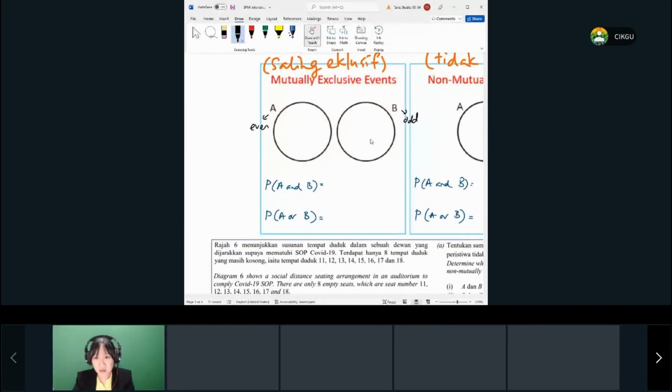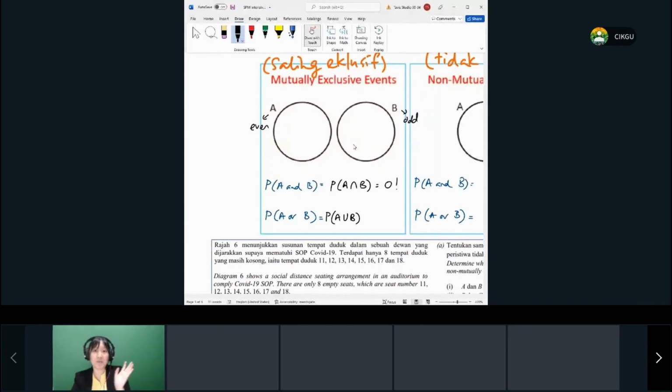No, right? 0. Is there any overlapping here? No overlapping. So no overlap means the probability of A and B happening at the same time is 0. In set notation, this symbol means intersect. Also logical, right? Because A and B don't intersect, there's no way the outcome can satisfy both events. So 0. If it's OR, then it is union. You want to pick a number that satisfies either A or B. That is possible.